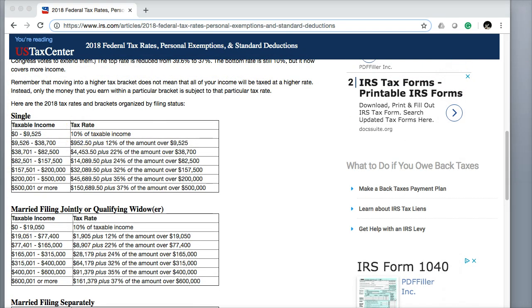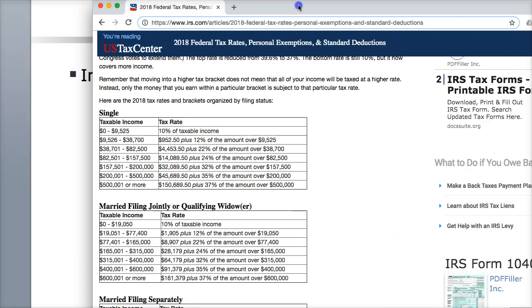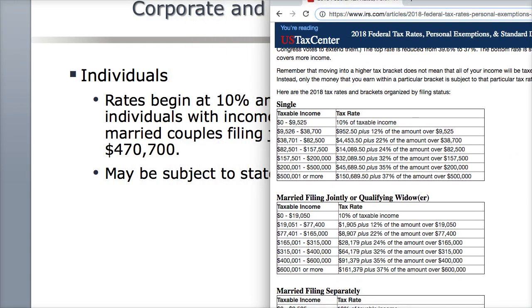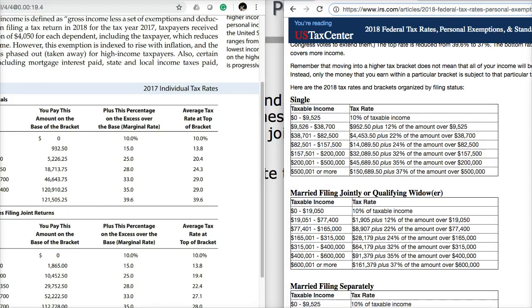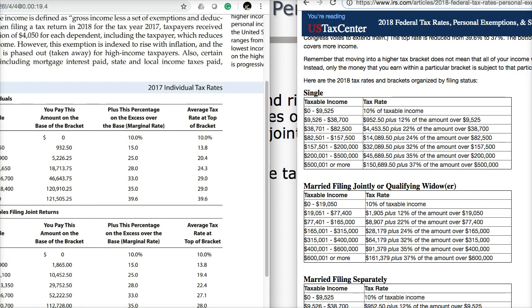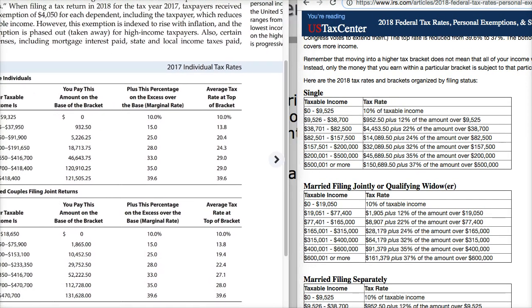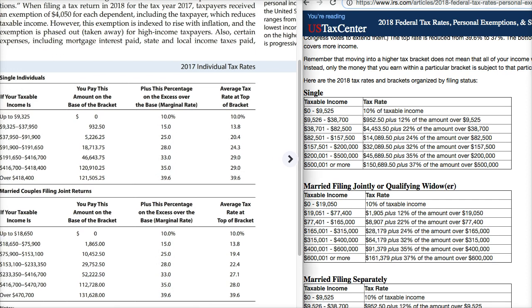If we look at these side by side, we see that the tax brackets have changed just a little bit, a few $100s, but instead of going from 10, 15, 25%, it's now 10, 12, 22, 24, 32.